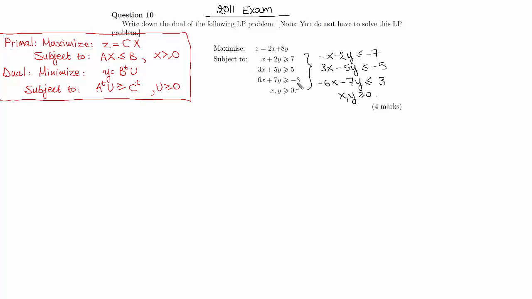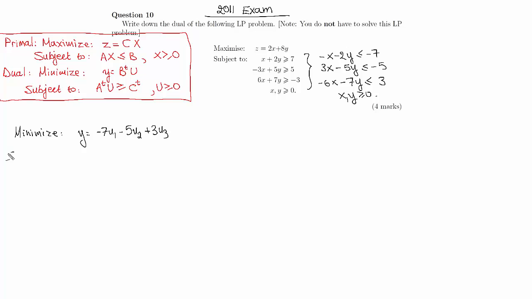So the dual problem will be minimize y equals B transpose, as we said before, B is this one. So we will have minus 7u1 minus 5u2 and plus 3u3. So this will be our objective function.